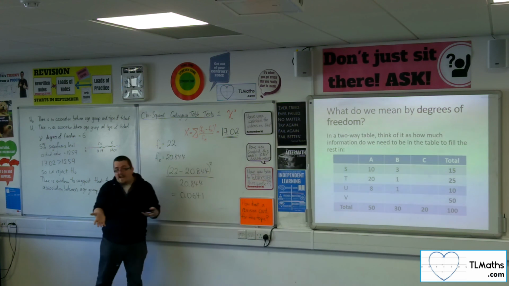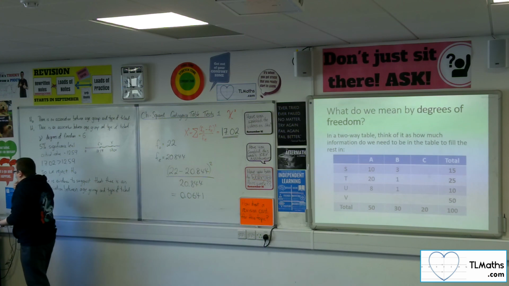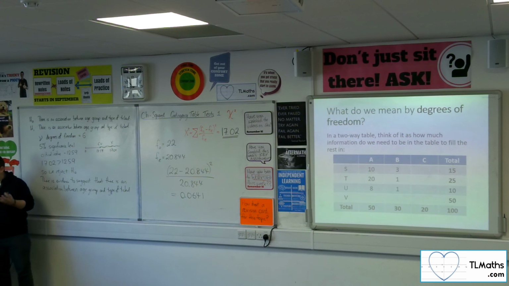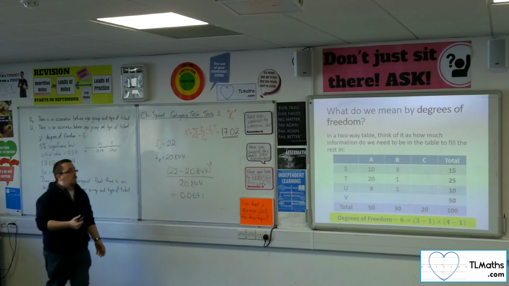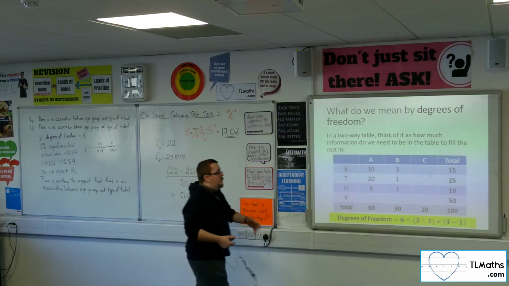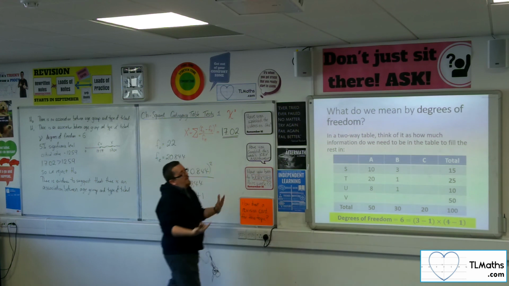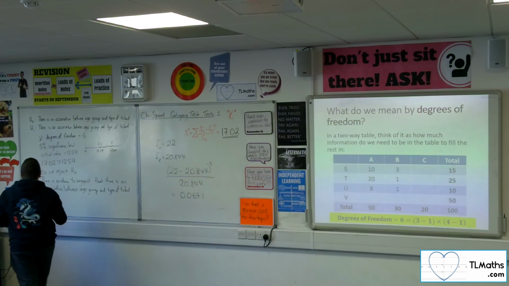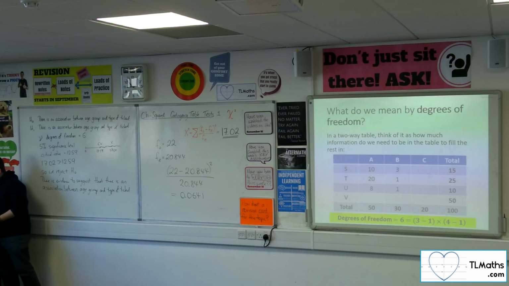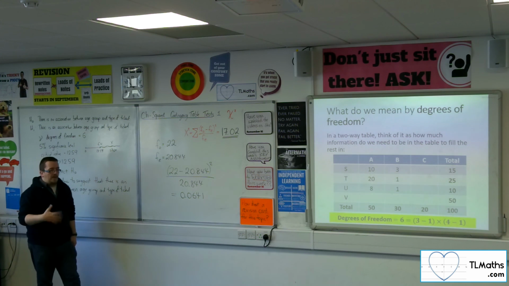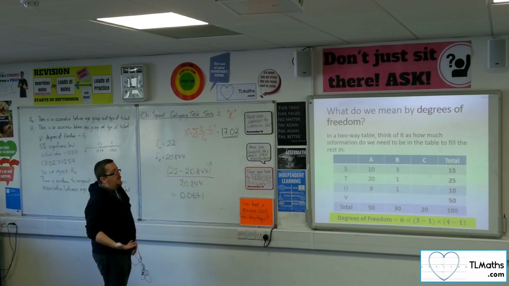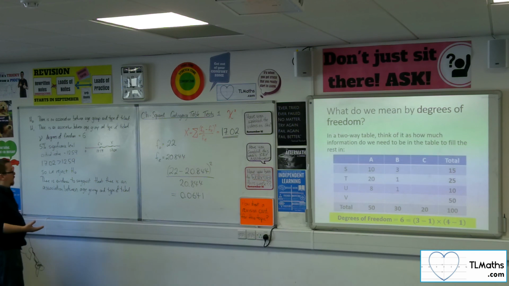So now you can say, I can fill in the rest of the table, and we would say that the degrees of freedom in this case would be the 2 times 3. That's where the formula comes from. It's giving you an idea of how much information you have in your table.